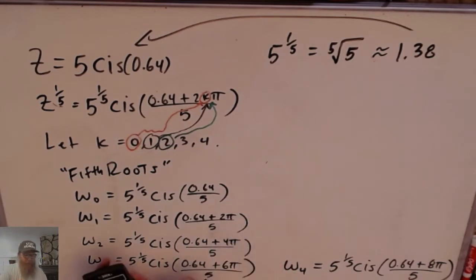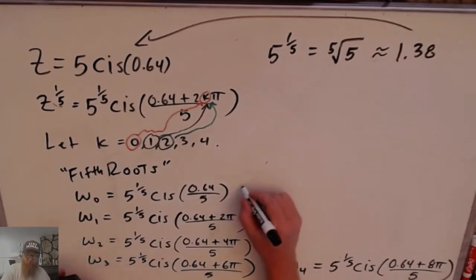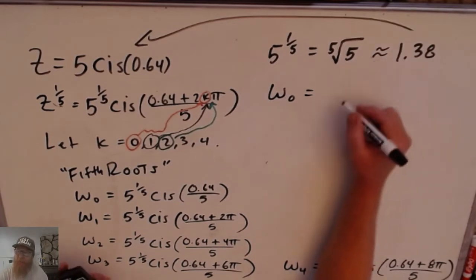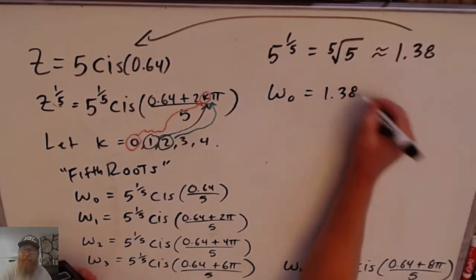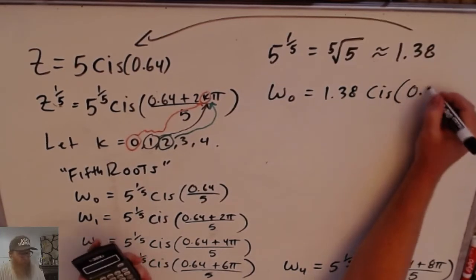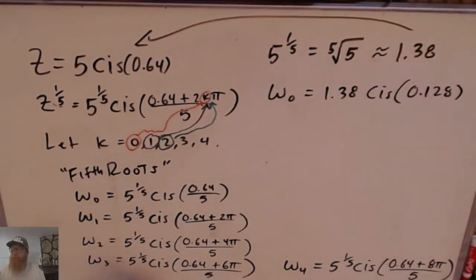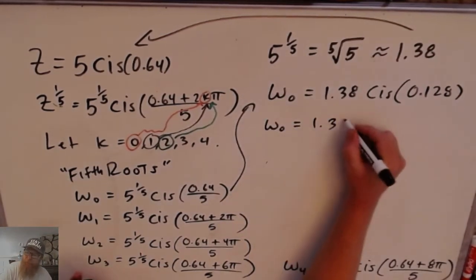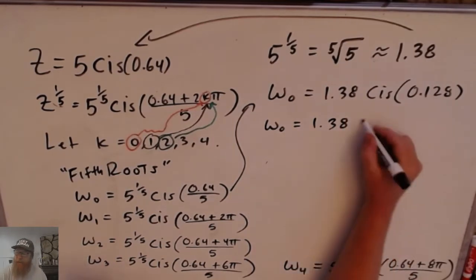All right, and then 0.64 divided by 5 is 0.128. So I've got 1.38 CIS 0.128. That's that one. They're all going to have this 1.38.